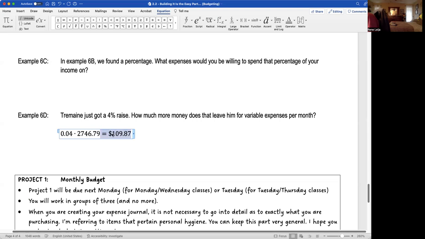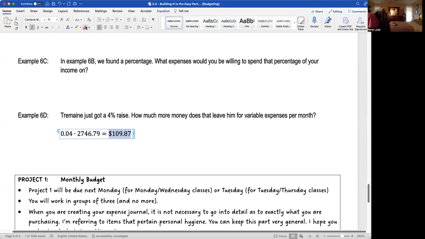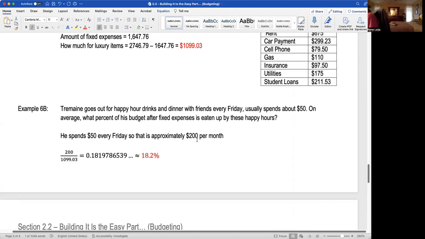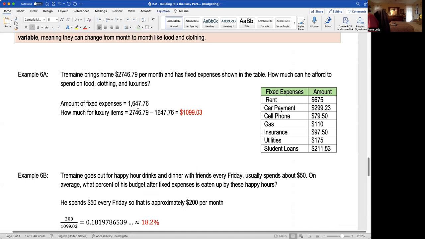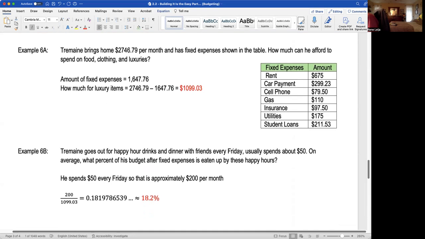And that's going to leave him with that much more money for the variable expenses. So that's not fixed because we already took the amount out of the fixed. So this is the luxury.